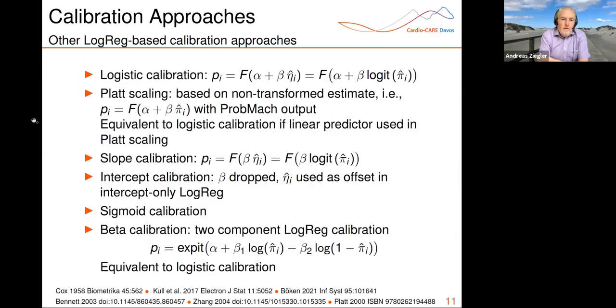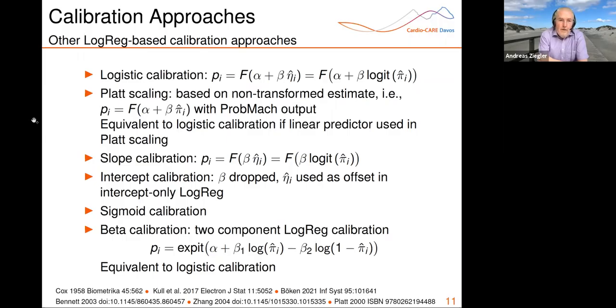Sometimes you can find the term sigmoid calibration, and logistic calibration is used synonymously with sigmoid calibration, but actually sigmoid calibration could be based on any sigmoid function, so any reasonable cumulative distribution function. So this is somewhat wider in my interpretation and in our interpretation compared to standard logistic calibration.